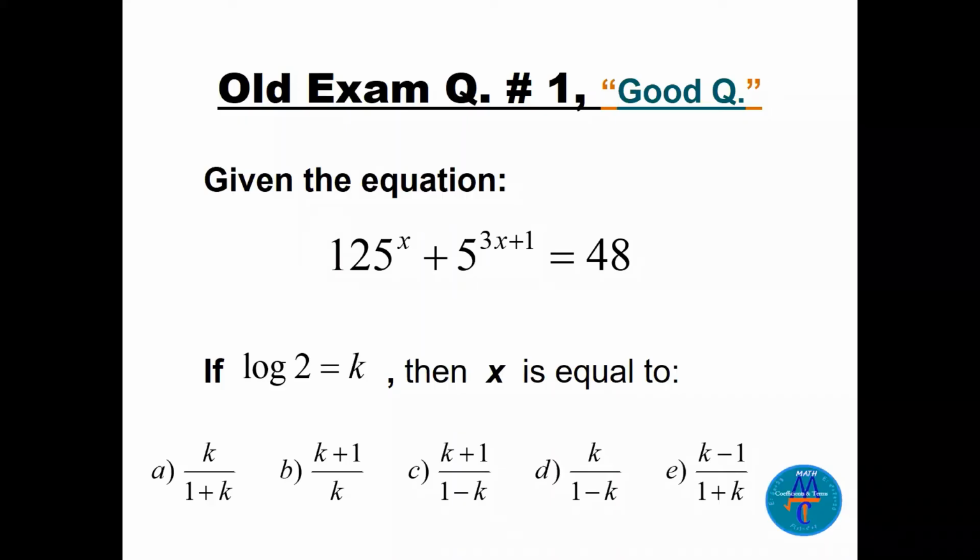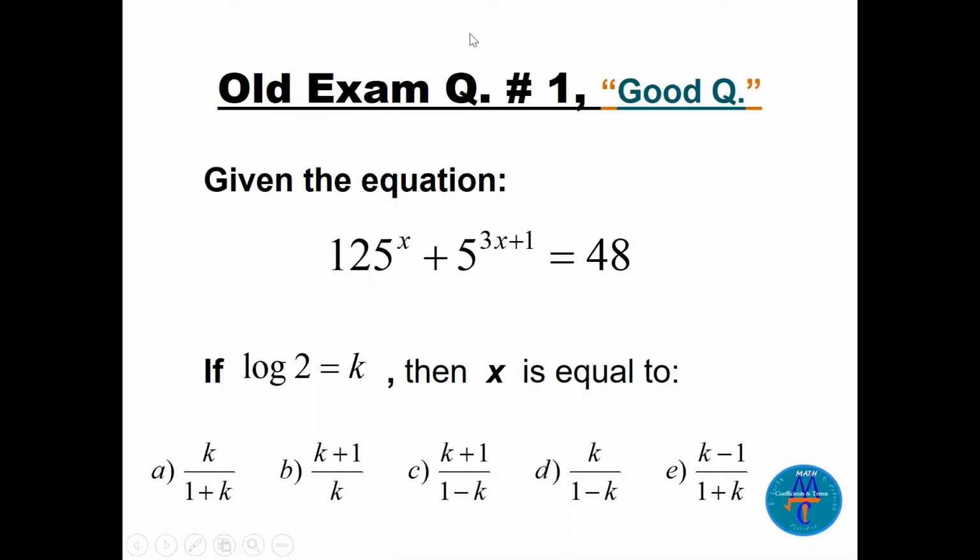Now here I will leave for you some old exam questions. Let's say question number 1, given the equation 125 to the power x plus 5 to the power 3x plus 1 is equal to 48. If log of 2, which is base 10, is equal to k, find x.